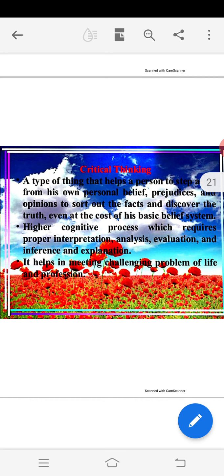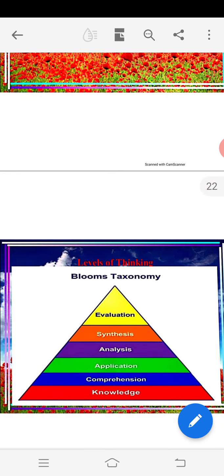It requires intelligence, habit, etc. So it requires the higher cognitive process for interpretation, for observation of data, known as analysis of data, and finding the effectiveness of the result, that is evaluation and explanation. It is helpful for solving the new challenging problems which arise in their life and in the professions.